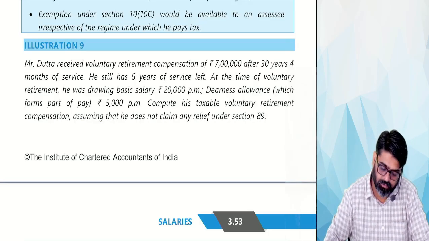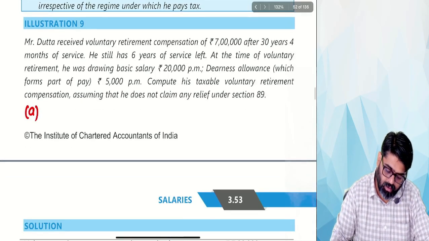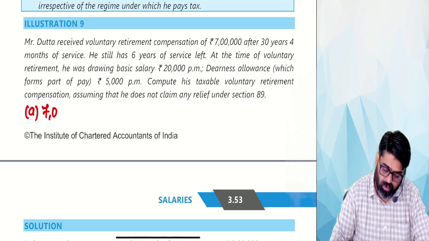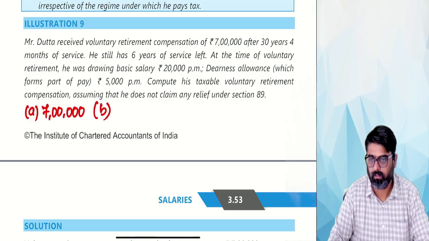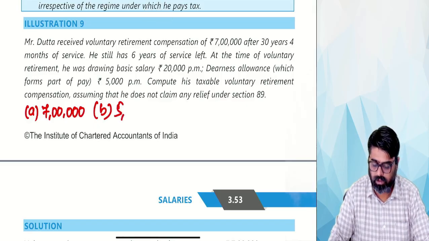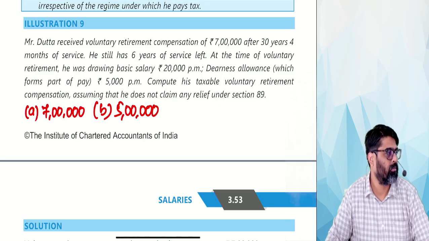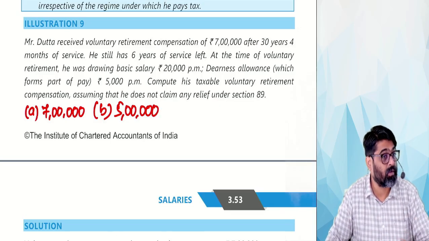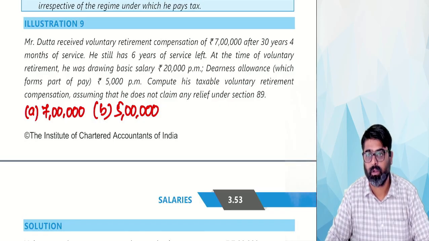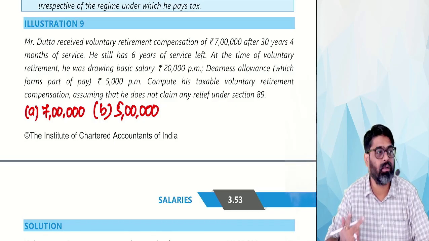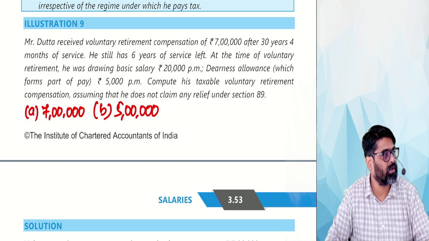Tell me how much. A is the actual amount. B is the maximum, which is 5 lakhs. C is the last drawn salary multiplied by 3, multiplied by the number of completed years. So what was the last drawn salary? Basic, DA in terms and turnover commission. What was the basic? 20,000.